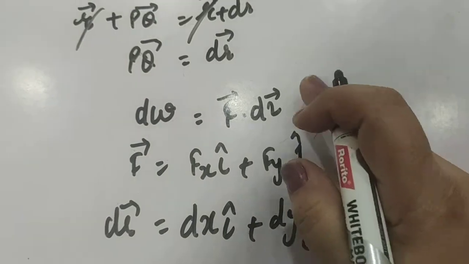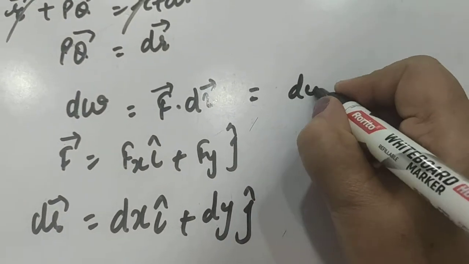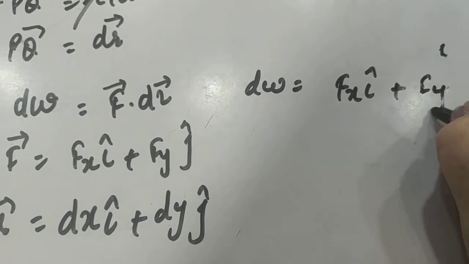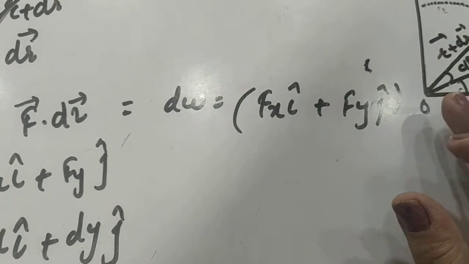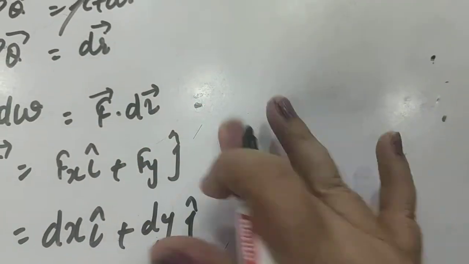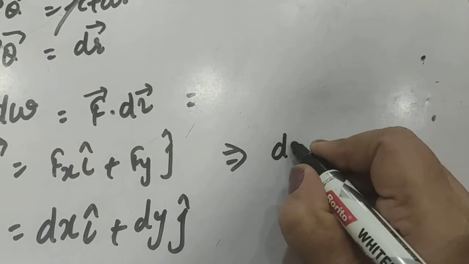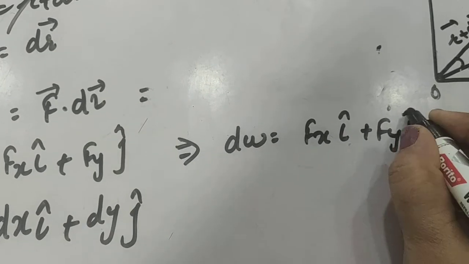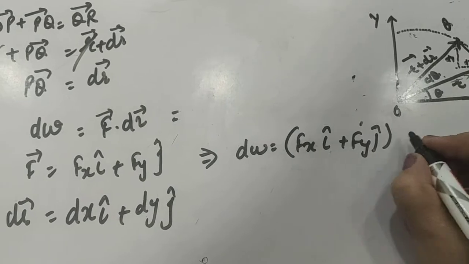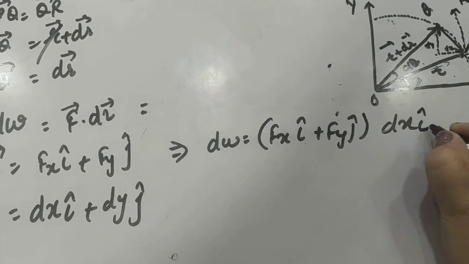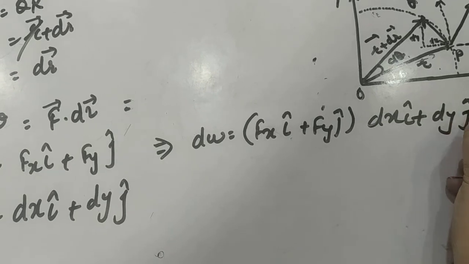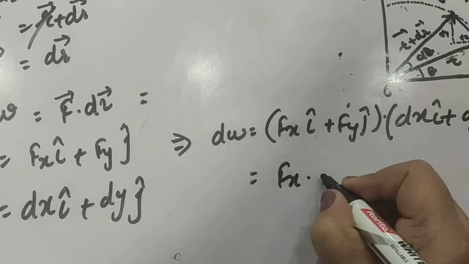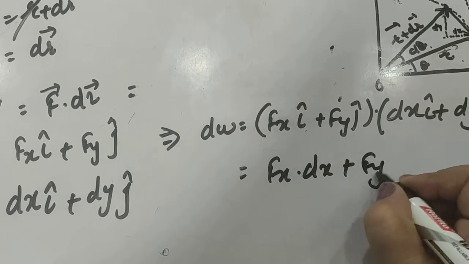Now putting these values in this expression, dW is equal to fx i cap plus fy j cap multiplied by dx i cap plus dy j cap. This is the dot product of two vectors, so that comes out to be fx dx plus fy dy.